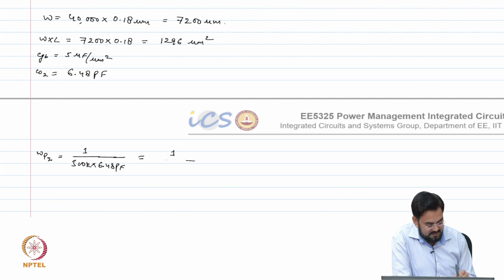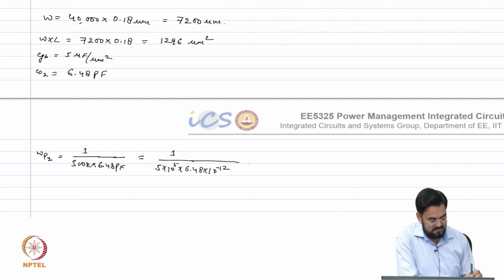Okay, let's do the calculation here. So this is 1 over 5 into 10 to the power 5 into 6.48 into 10 to the power minus 12.